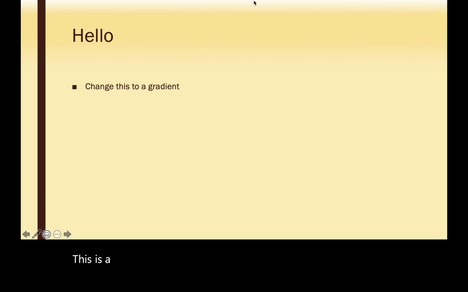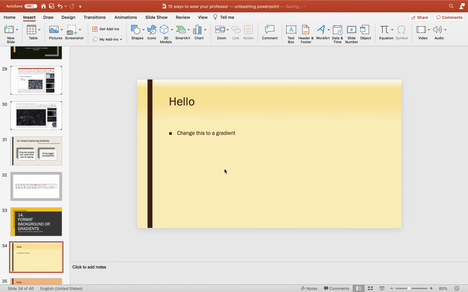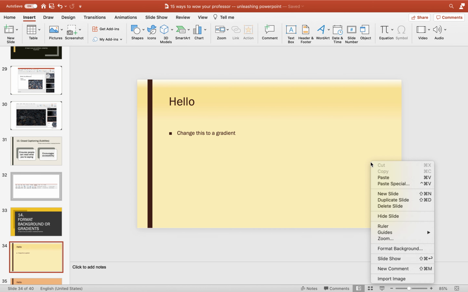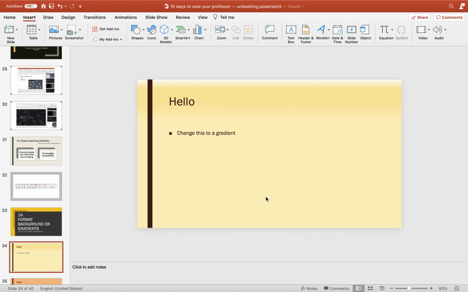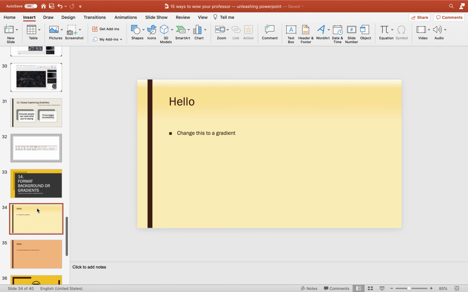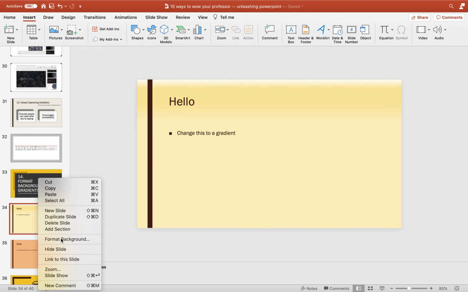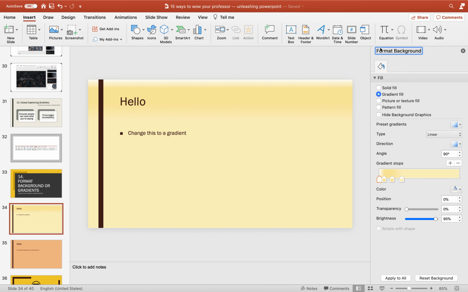You can see it's lighter up here, and then it gets darker in this kind of yellow shade. To get to that point, you right-click the slide. You can go to Format Background. You can also, just from this sidebar over here, you can also right-click and hit Format Background, but the goal is to just hit Format Background somehow.